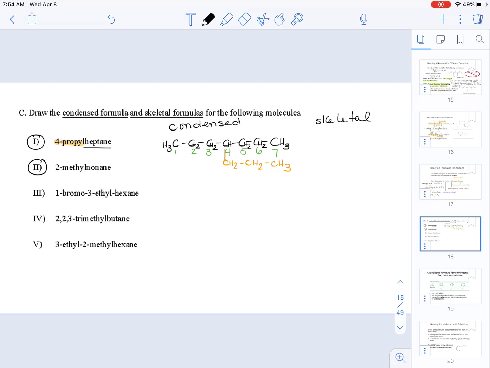If I write the skeletal structure of this molecule, as my writing utensil touches the paper, I'm going to say carbon 1, up, carbon 2, down, carbon 3, up, carbon 4, down, carbon 5, up, carbon 6, down. Let me start again. The program decided to do something else. We have 1, 2, 3, 4, 5, 6, 7.